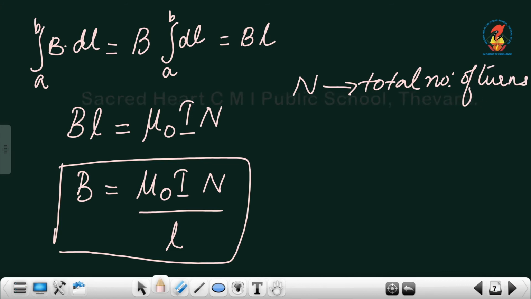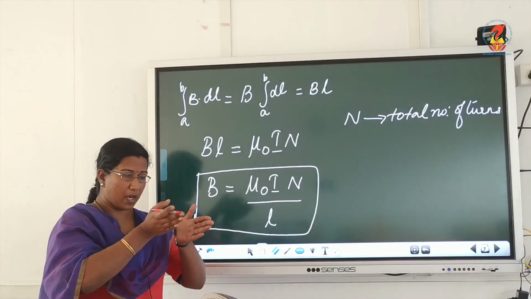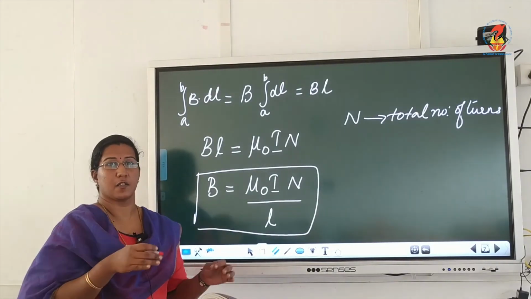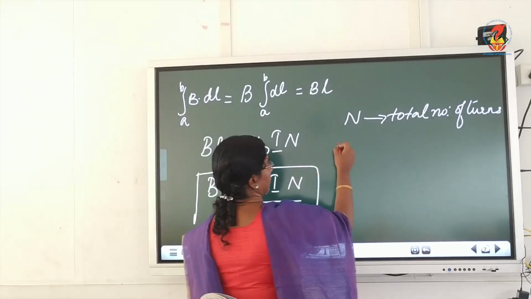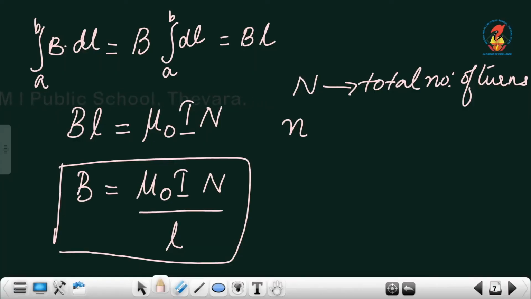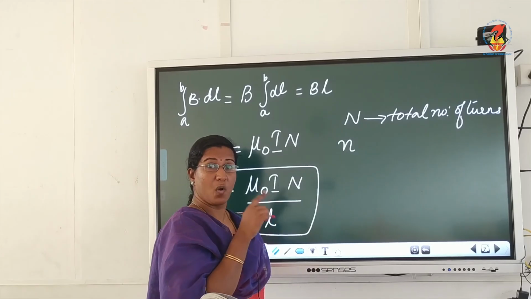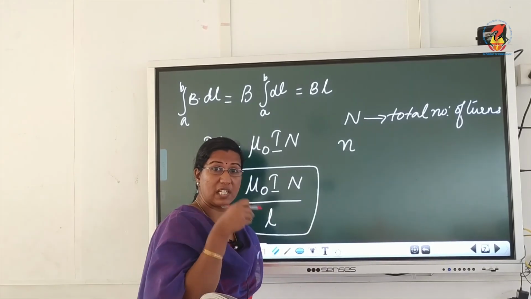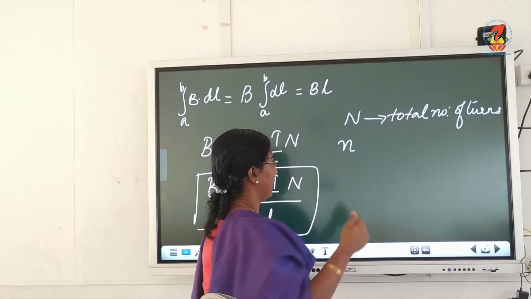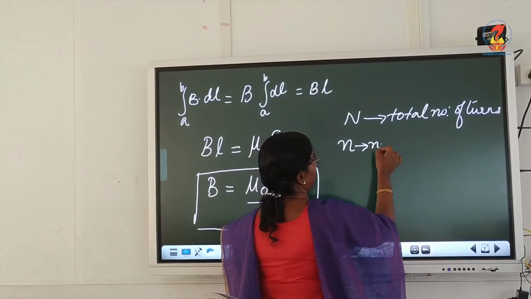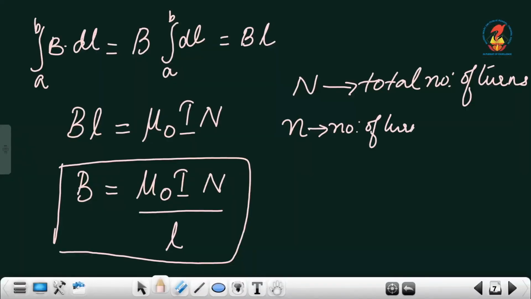Imagine I'm going to divide my solenoid into small parts. Here is the difference: capital N represents the total number of turns, whereas small letter n represents the number of turns per unit length.